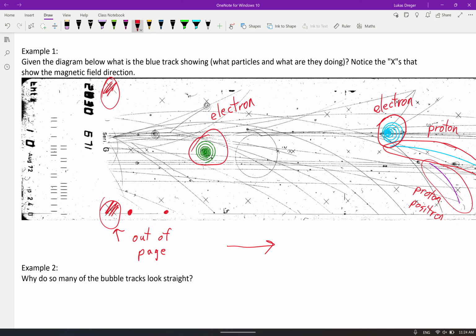And so if you look carefully at the beginning here, you can see that this electron in blue and the proton in blue actually start at the same spot. They start right there. They both have their initial starting point right here. So what's happening there? Okay. Well, what reaction do you get a proton out of it and an electron out of it?